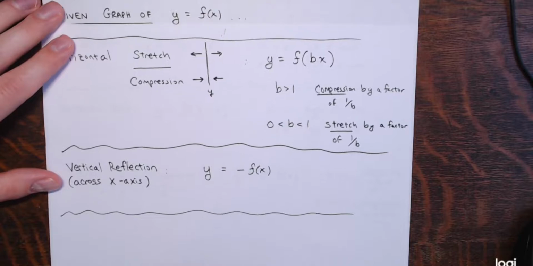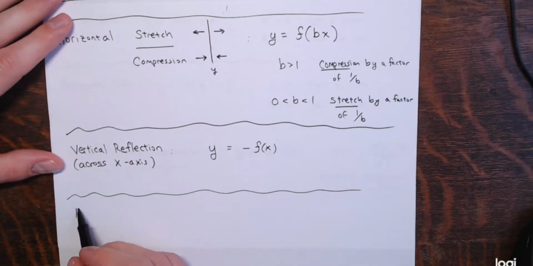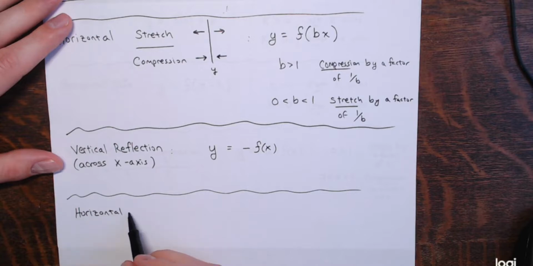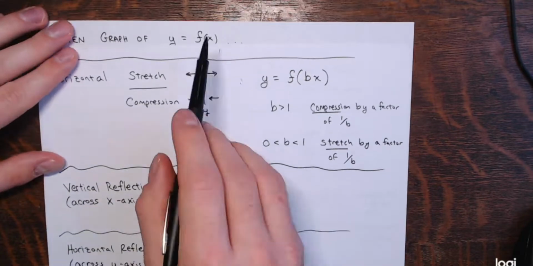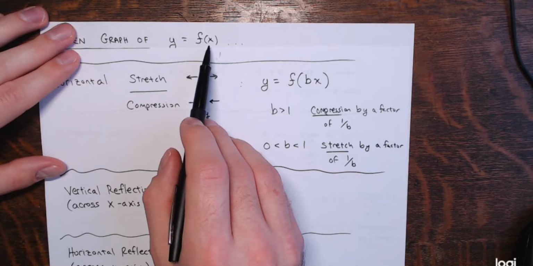Very simple. And then horizontal reflection, in other words, reflecting across the y-axis. And anything done horizontally, you just take the rule and replace all the x's with something.